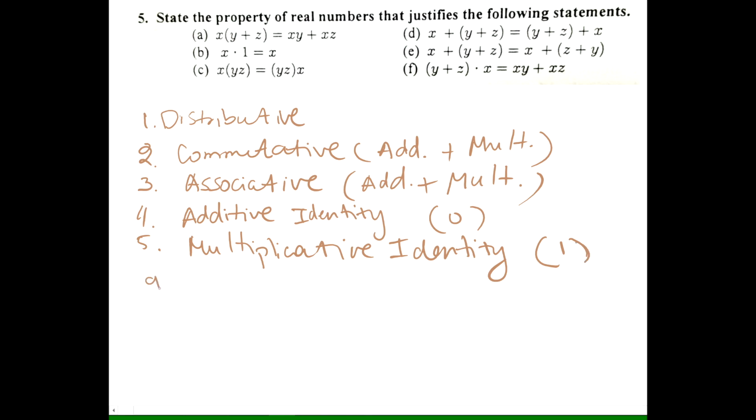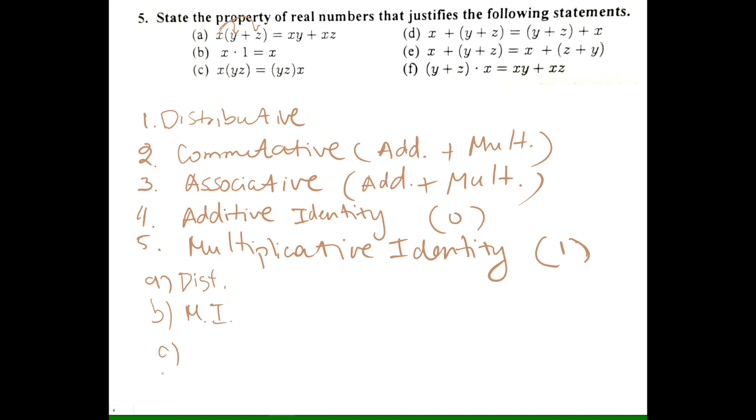For part A, I see that x has been distributed across y plus c, so this must be the distributive property. Part B, I see that I have x times 1, I get an unchanged result, but there's multiplication involved, so this must be the multiplicative identity property.